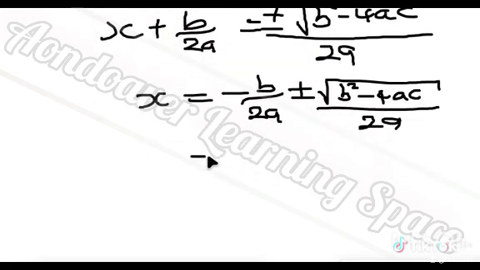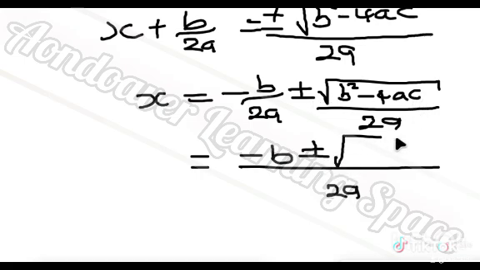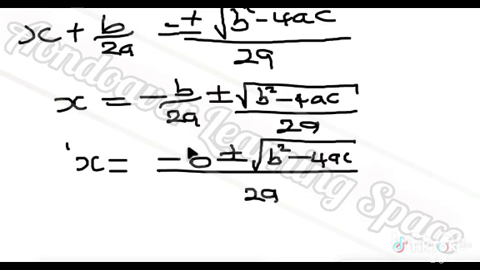So this becomes equal to 2a. 2a divided by 2a will give you 1. 1 times minus b. This is minus b plus or minus, 2a divided by 2a will give you 1. 1 times this whole stuff here will give us root b squared minus 4ac, and we have successfully made x the subject of the formula.